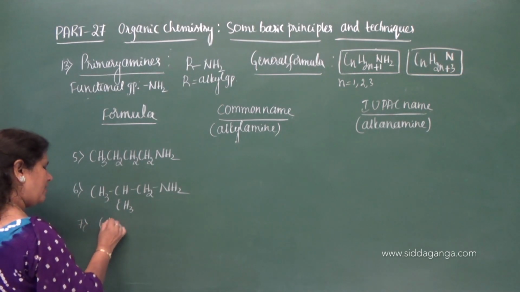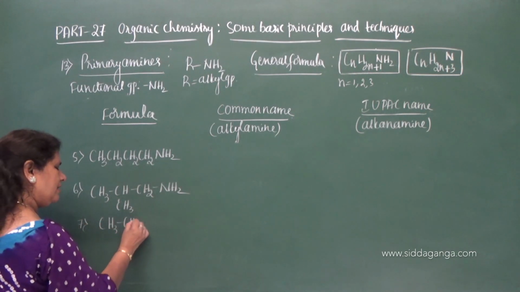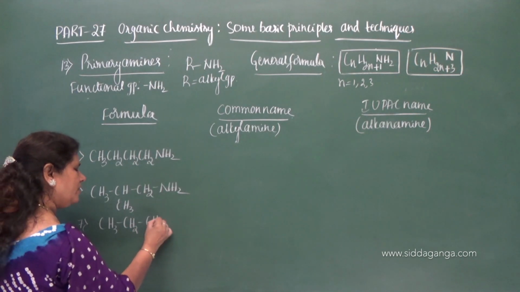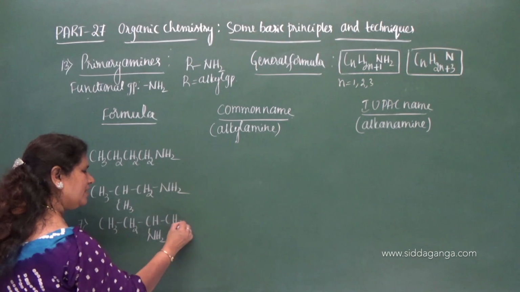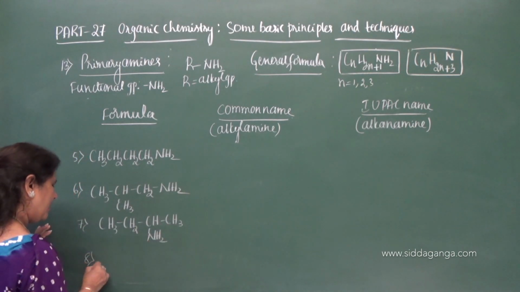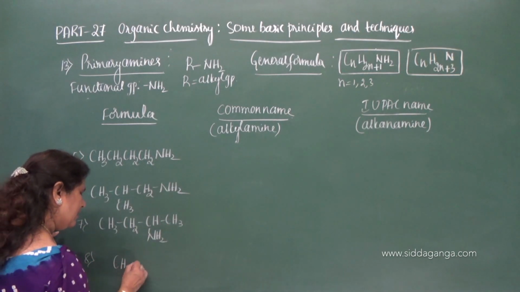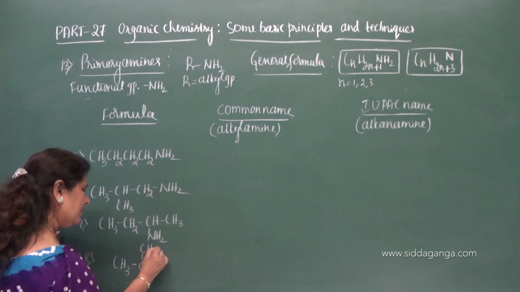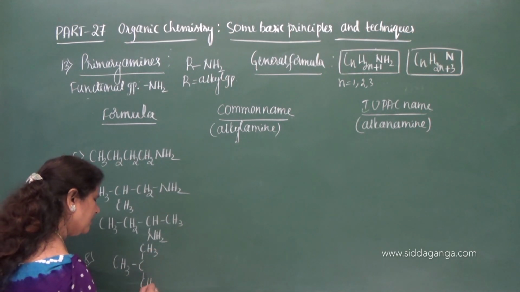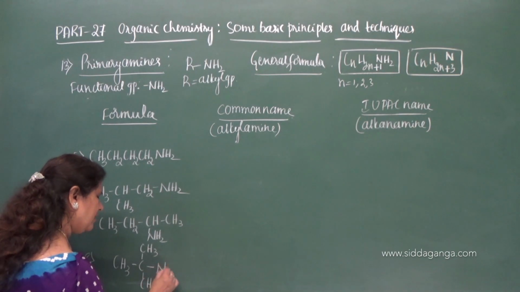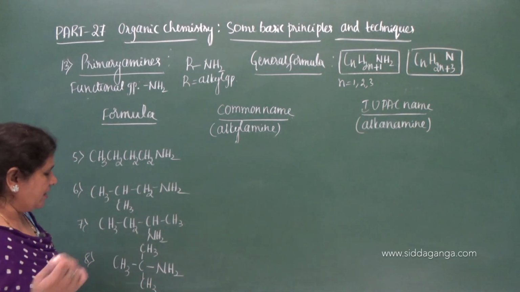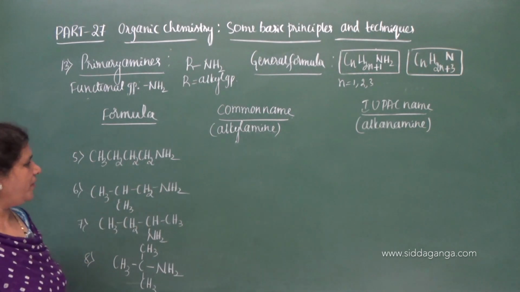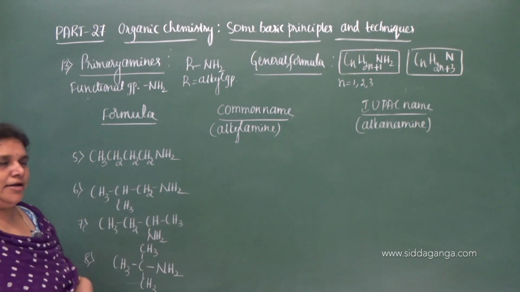Seventh one, CH3, CH2, CHNH2, CH3. Eighth one, CH3, CH3, CH3, C, NH2. See, it is clear that the alkyl group contains 4 carbon atoms here.